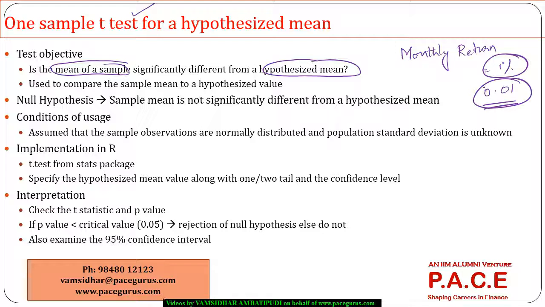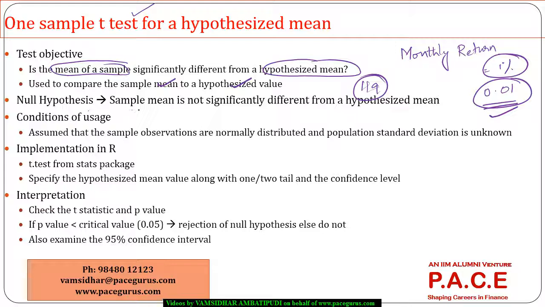And I want to compare whether the mean of the sample is significantly different from the hypothesized mean. So this is where I am doing a comparison of a sample mean to a hypothesized value. The sample mean comes from the 119 observations that we have, and the hypothesized mean we have taken in this case is 0.01, which is 1%.